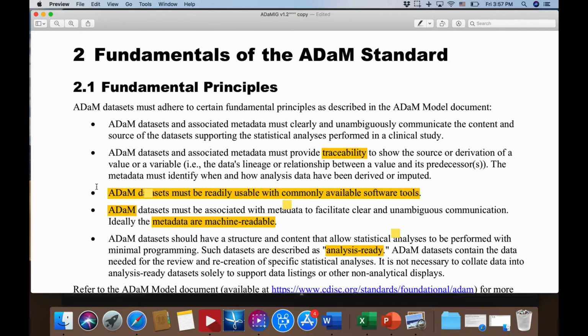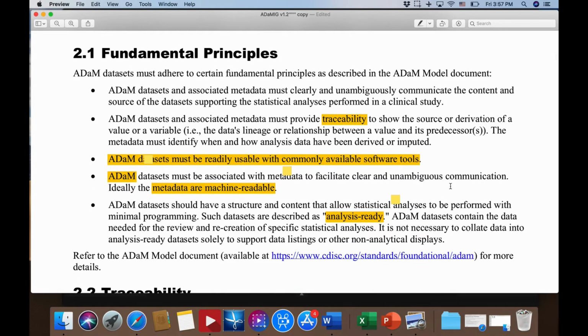About the fundamental principles, the first thing is traceability. You need to provide traceability for your ADaM dataset, and your dataset must be readily usable with commonly available software such as SAS, R, JMP, or SPSS or other tools.